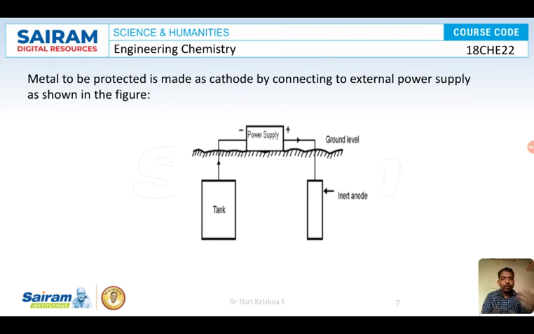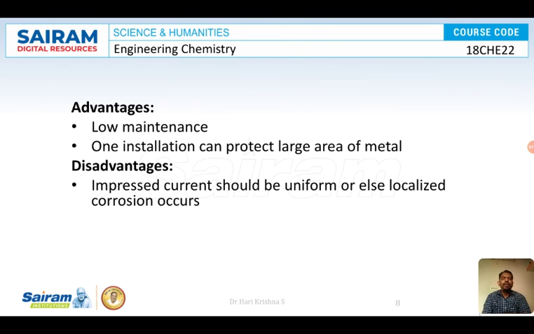So in order to prevent that, the voltage whatever you are passing, that is the impressed voltage, of course it is a very, very small current, if you touch it also nothing will happen. That current should be passed equally throughout the metal structure which is protected by the impressed voltage method, that is by cathodic protection.